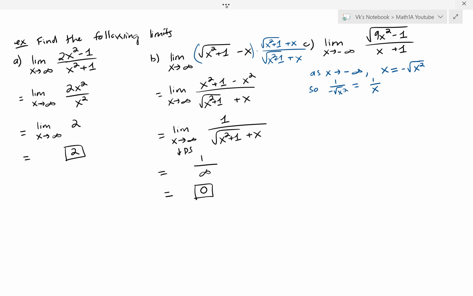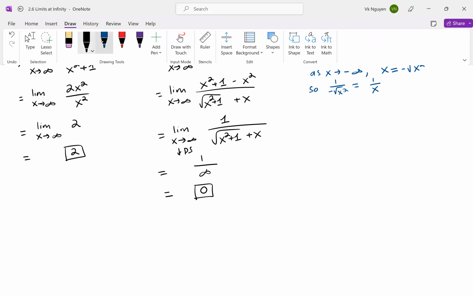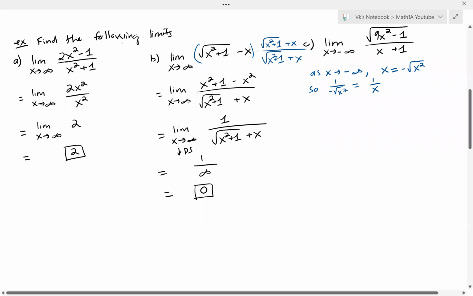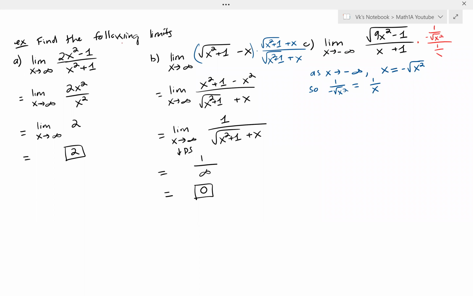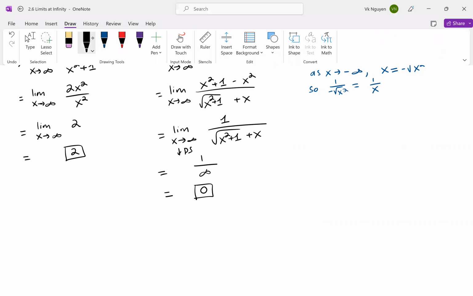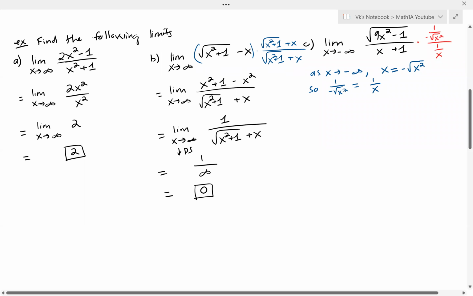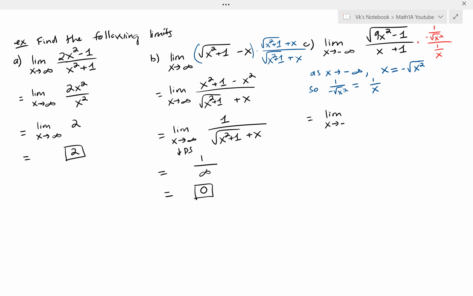What I'm going to do here is multiply by this quotient: 1 over negative root of x squared, over 1 over x. So they're the same. We just multiply by the number 1. Then from here, limit as x goes to negative infinity.